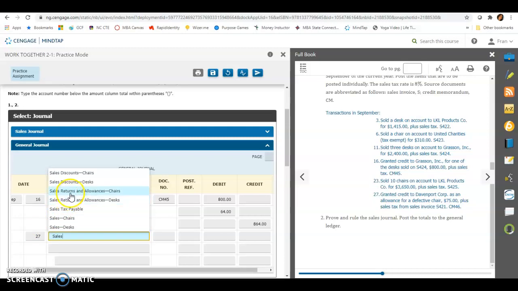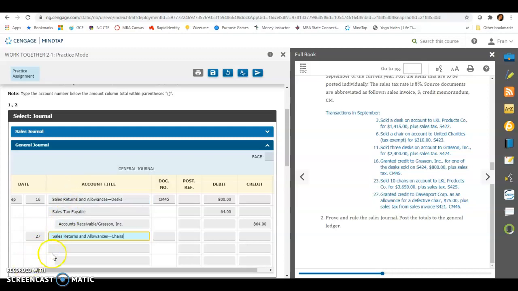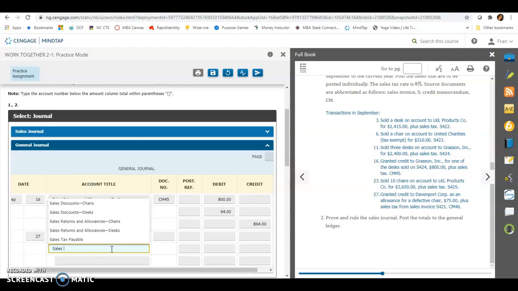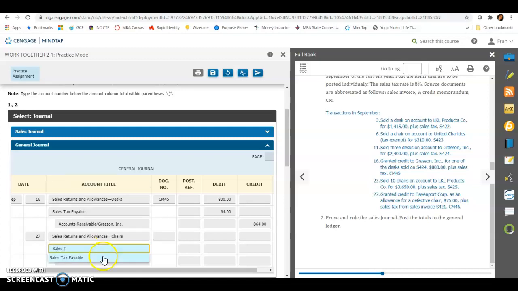So sales returns and allowances, chairs. We're going to have sales tax payable, and we're going to have accounts receivable, and this is going to be Davenport.